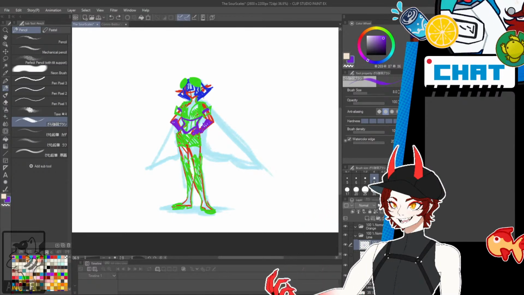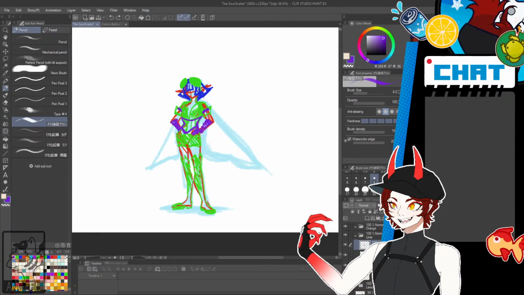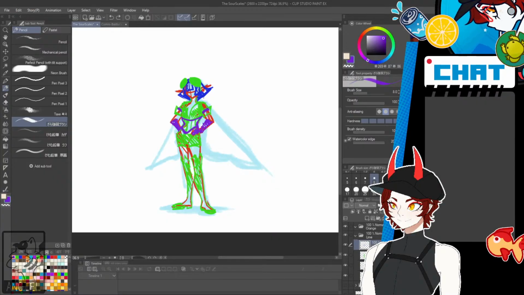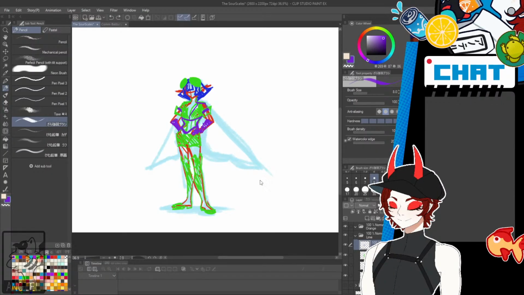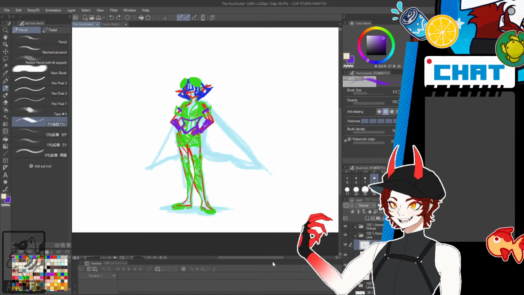I need to look at what that was. It's the Poet's shirt? I think it's called the Poet's shirt. It's a variation of it. Okay. It's all coming together.